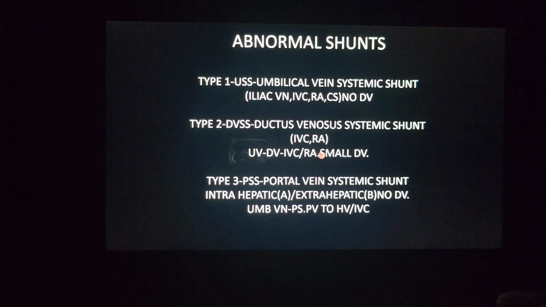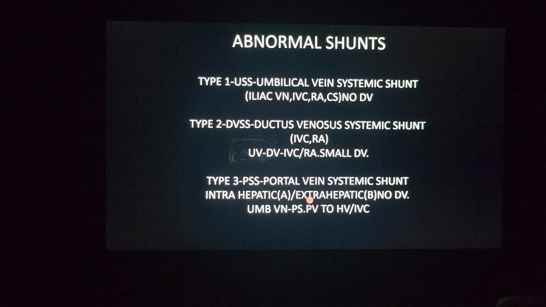In this type 2, the umbilical vein goes into an abnormal ductus venosus and then it can go into IVC or into the right atrium. Because of the abnormal ductus venosus, this is called ductus venosus systemic shunt. So this IVC junction will not be near the right atrium, it will be far away from the right atrium, or it could go into the right atrium directly through an abnormal ductus venosus.